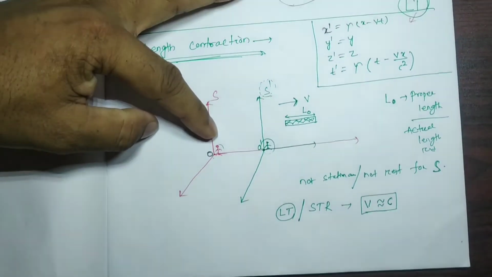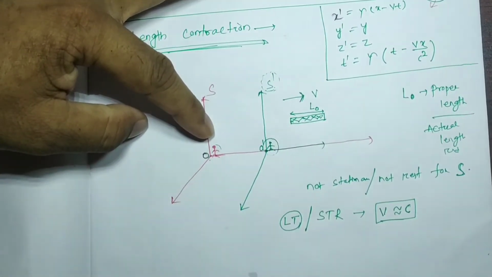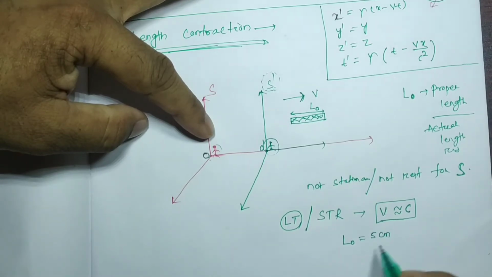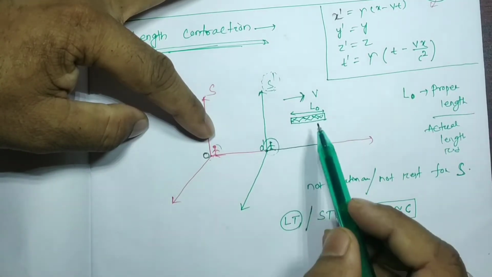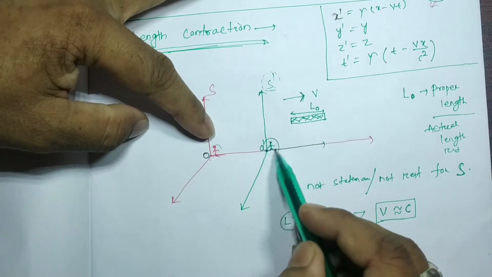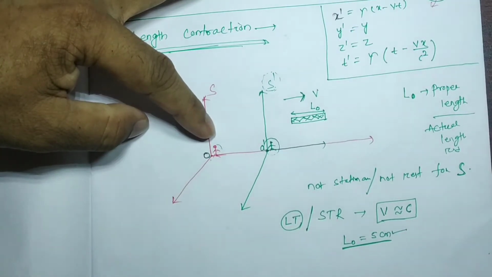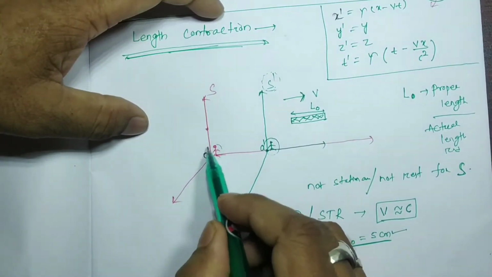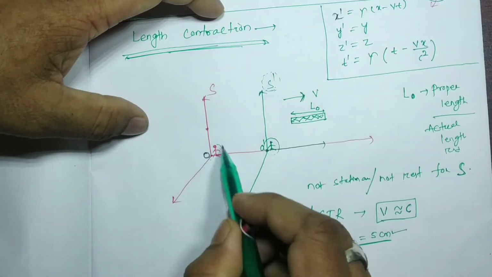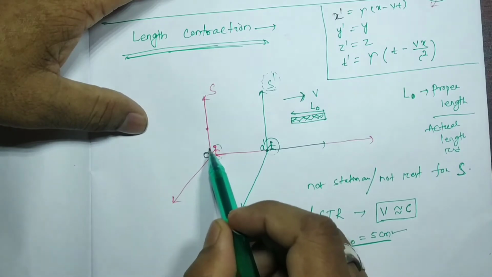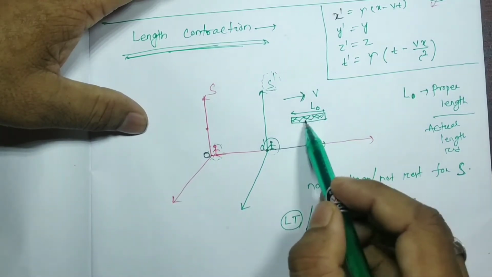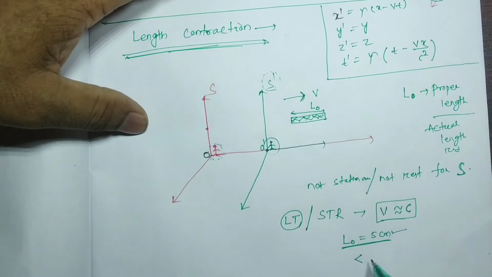Suppose L0 equals 5 centimeter. That means the proper length, or the actual length of the rod, is 5 centimeter. But the measurement by this observer from this frame of reference is less than L0.